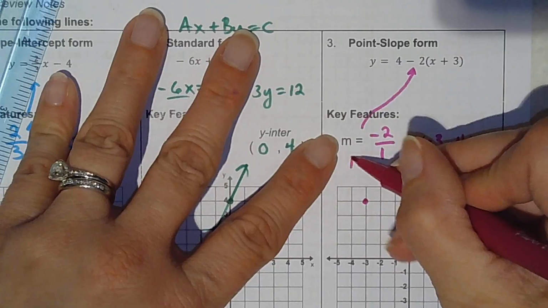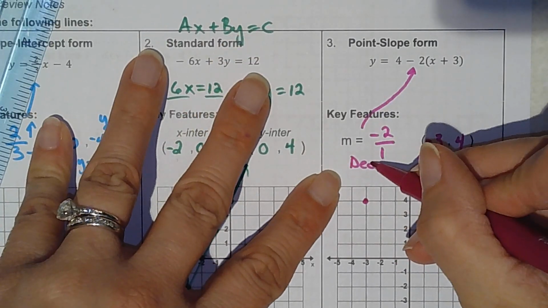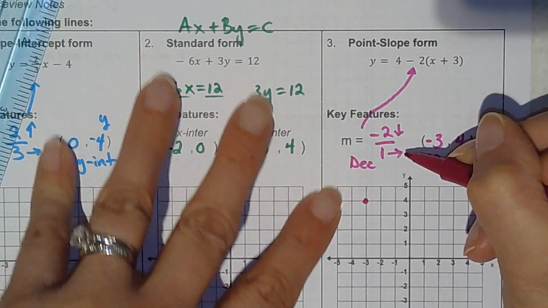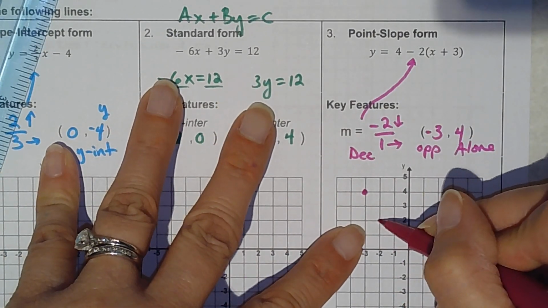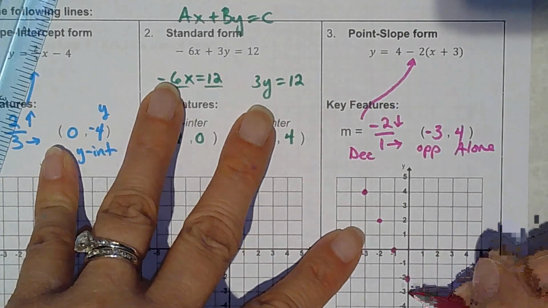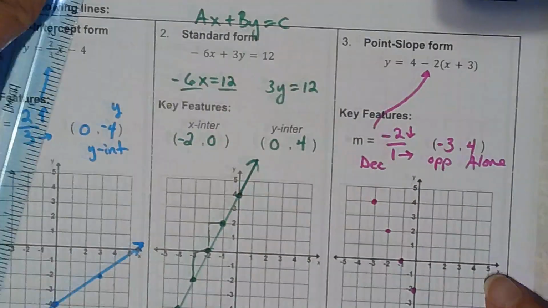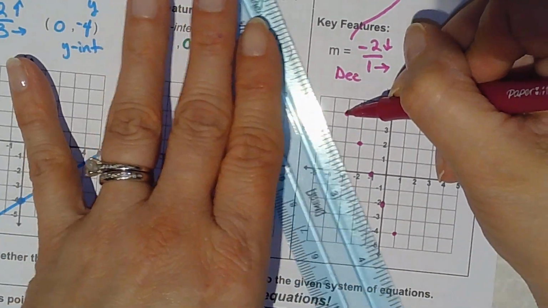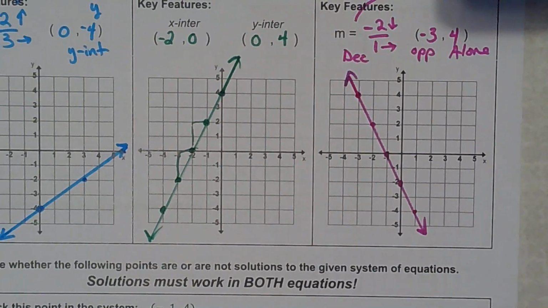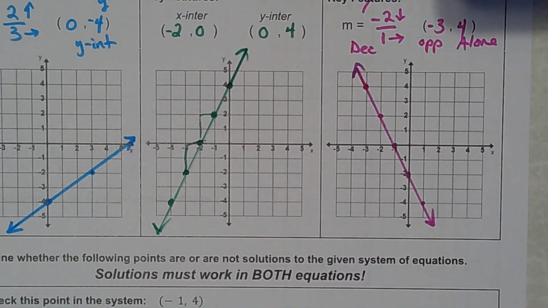The line needs to be decreasing since it's a negative slope, down 2, and positive goes to the right. Down 2 over 1, down 2 over 1. You fill up the graph paper with as many points as you can, and you draw your nice long line with arrows. Those are the 3 ways that we have learned to graph a line.